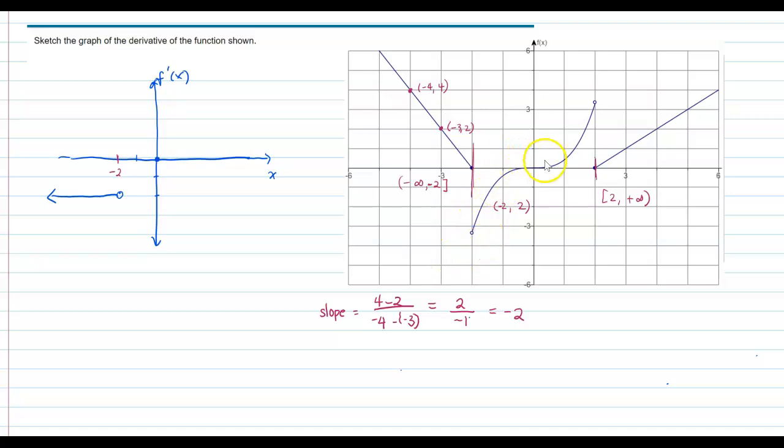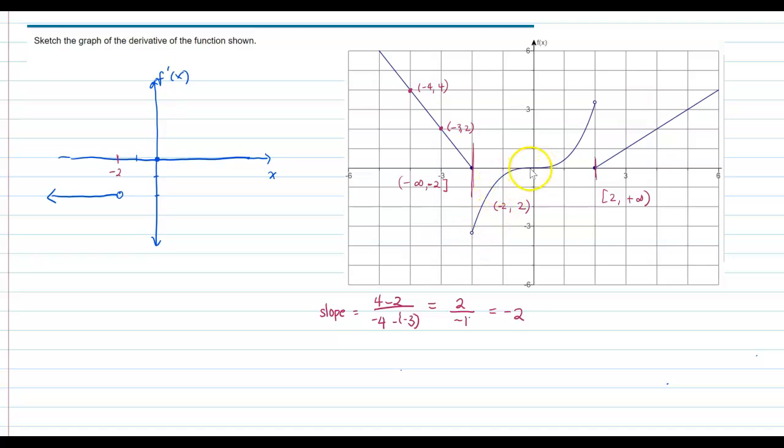Next, let's consider this interval here from negative 2 to 0, because we know that at x equals 0, the derivative of the function is also 0. We have a horizontal tangent line here. So from here, we know that our curve is increasing.